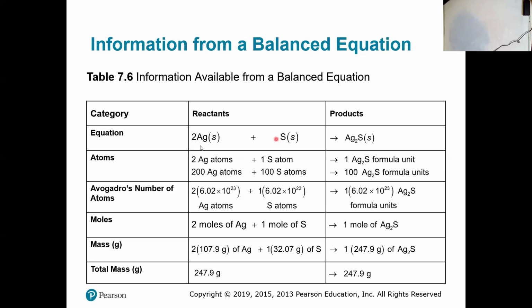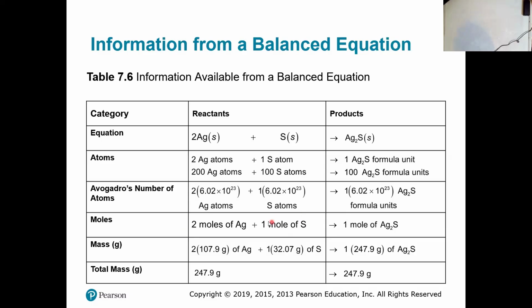We have our overall equation, and you're going to notice that our coefficients carry through in our relationships. So two silver plus one sulfur could mean two silver atoms plus one sulfur atom would produce one formula unit of our silver sulfide. Or we could say 2 moles of silver plus 1 mole of sulfur would produce 1 mole of silver sulfide.